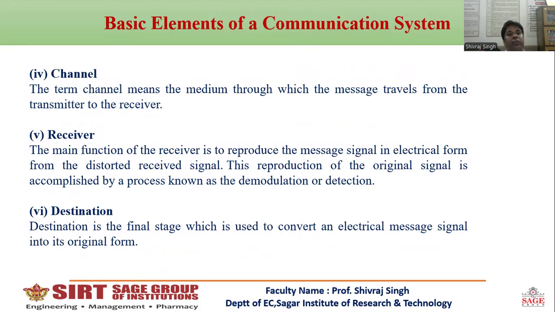Demodulation, or detection, is a process in which we recover the original message signal from the modulated wave. Next, the destination. This is the final stage in which the electrical message signal is converted into the original message signal. Here we use the output transducer, which converts our electrical signal into a physical form.